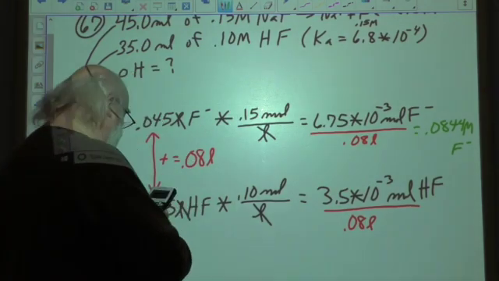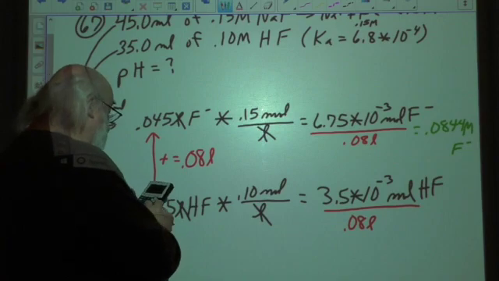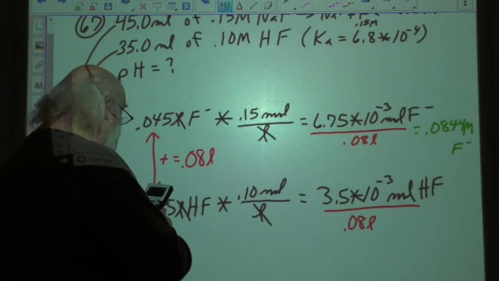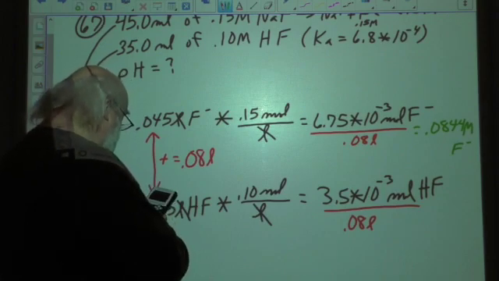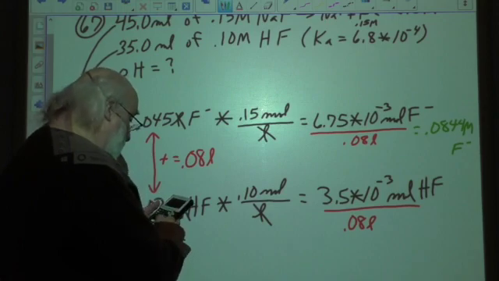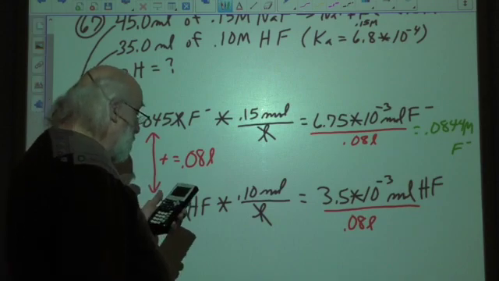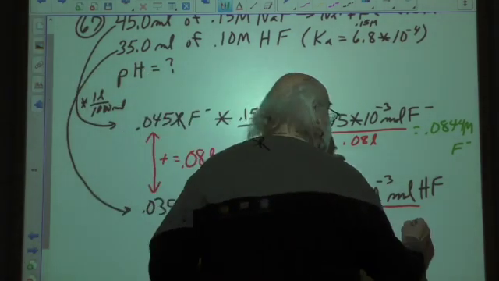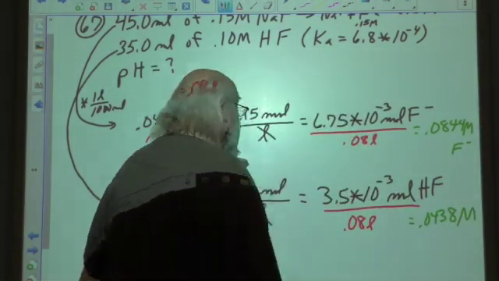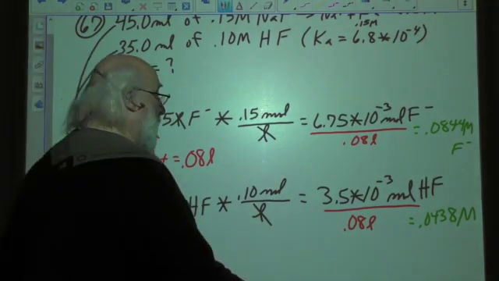And here, 3.5 times 10 to the -3 moles divided by 0.08 liters. And I did something wrong here. Don't ever use two division signs, they absolutely hate it. And you get 0.0438 moles per liter. Okay? And that's of HF.